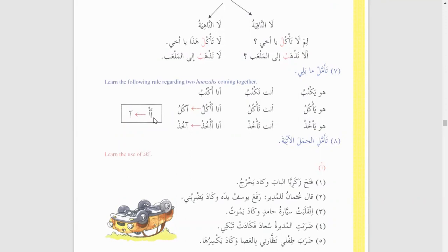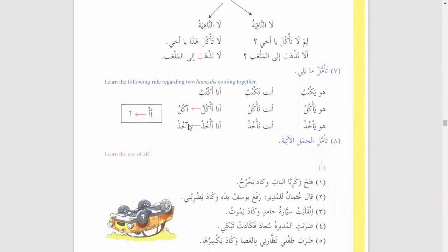It's only for the first person of the present tense, which is I eat, ana akulu, and similarly I take, ana akhudhu. So whenever the first root letter is hamza, only then this rule will be applicable. So ana akulu, I eat, and ana akhudhu, I take, ana amuru, I order, and something like that.